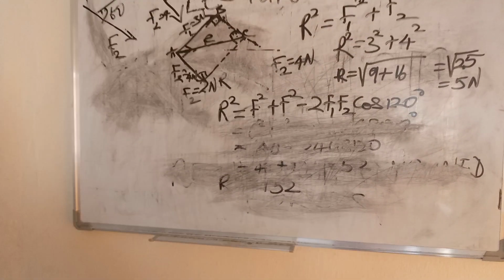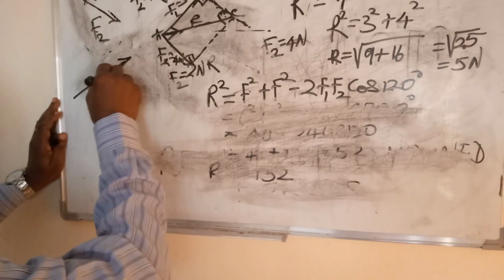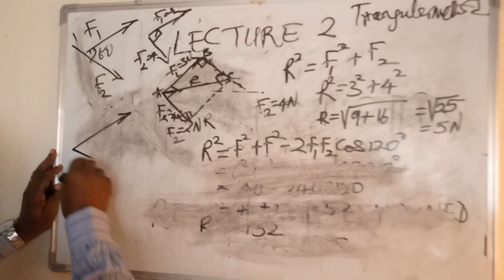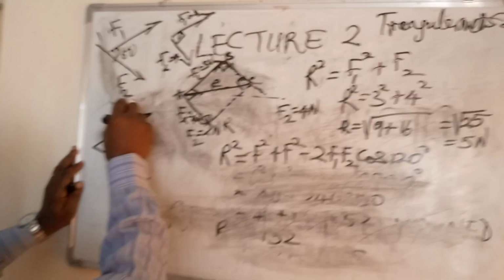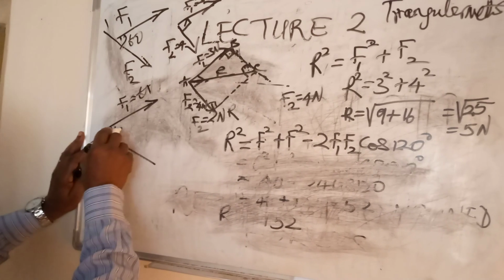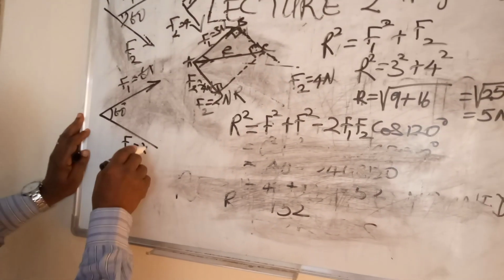We now sketch the two forces. F1, the angle between them is 60. This F1 is equal to 6 newtons. This angle is 60 degrees. This F2 is equal to 2 newtons.